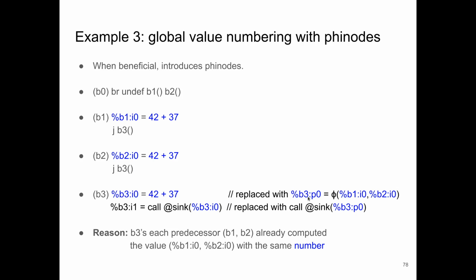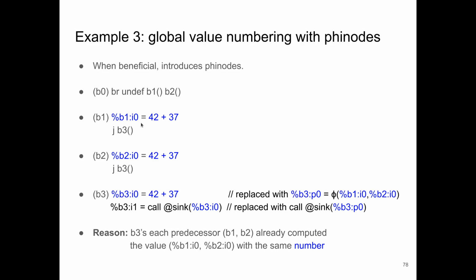Here it is called B3's P0, and it is either B1's I0 or B2's I0, depending on the control flow. If B1 jumps to B3, then B1's I0 becomes the value of B3's P0. Otherwise, if the control flows from B2 to B3, then B2's I0 becomes the value of B3's P0.